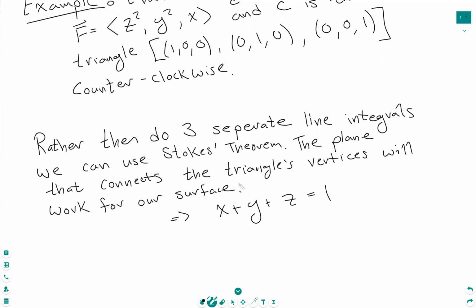If you're just plugging in zeros to all the other ones and you're always getting 1, you can kind of imagine there's probably a 1 on this side, and then these have coefficients of 1. The normal is also (1, 1, 1). And if you think about what this looks like graphically, you can kind of understand why that normal is (1, 1, 1). But if you can't do that, this is the type of thing that we should practice for maybe an upcoming exam, where I need to find this plane equation.